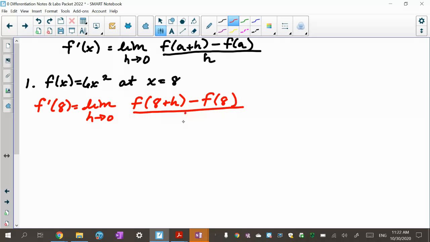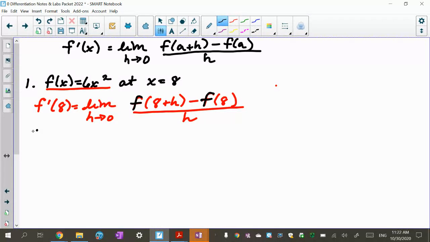Now, I don't mind that you write that out each time, but after a while, you'll get the hang of it. The f's are still there, so I actually have to plug 8 plus h and 8 into my function.